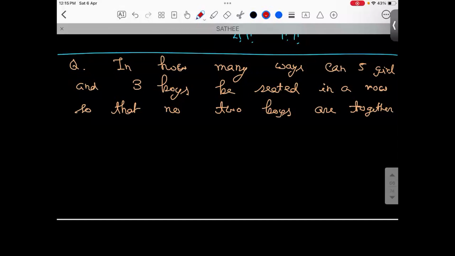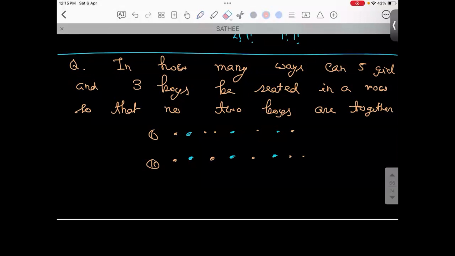Like if blue denotes boys, then there should be at least a girl between them like this, or it can happen like this. This is case 1. This is case 2. All possible kinds of arrangements can happen, where at least 2 boys are separated.